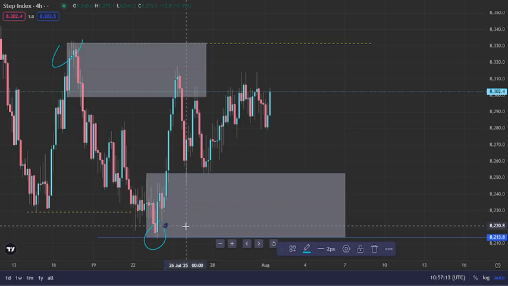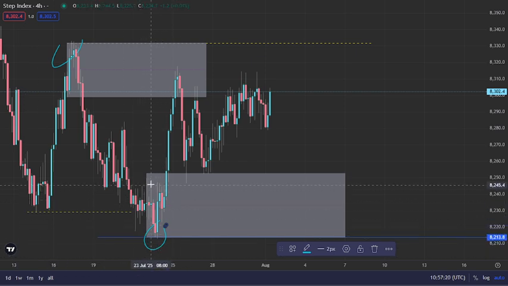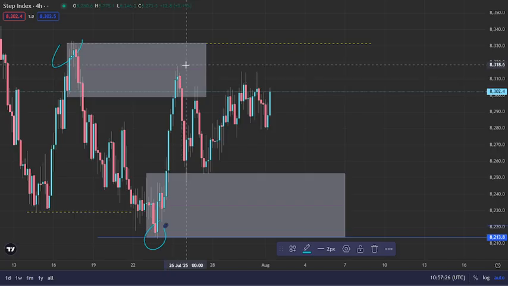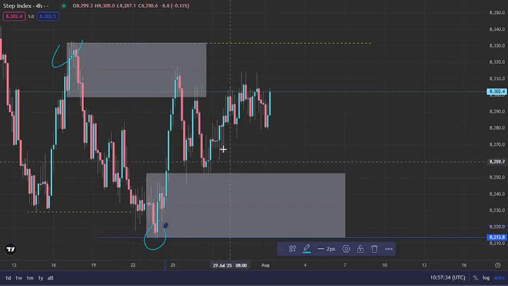Price has broken a fractal structure and an internal structure, and now price pulls back. So we expect this one to form a lower high, or create a strong structure, for price to continue these lows, for price to continue the bearish market structure.